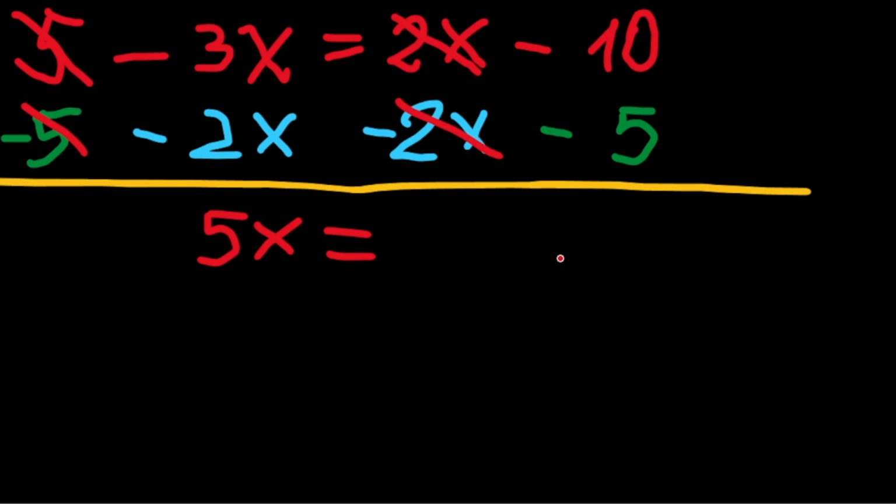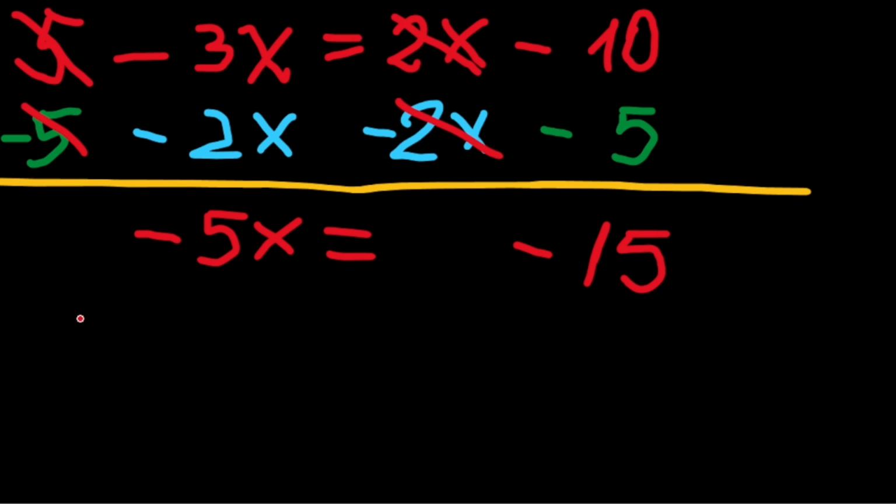Minus with minus makes plus, so 10 plus 5 is minus 15. So minus 5x equals minus 15.